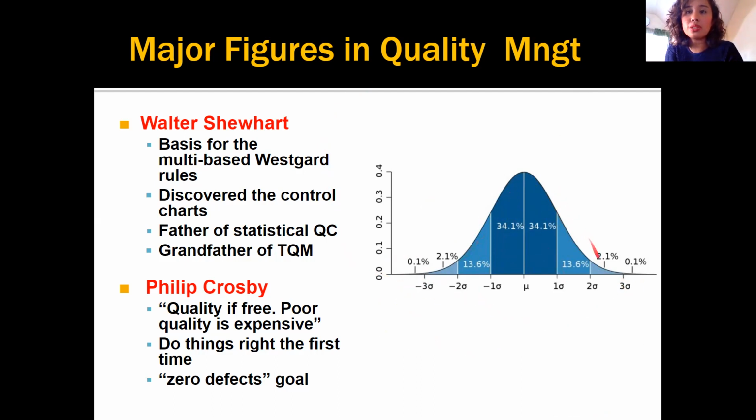It's expected that all the results will fall under the bell curve. Okay, what does this mean? It should be 34.1 and 34.1, when you add them, 68.2. 68.2 of your results must be around the mean. Okay, it should be dispersed around the mean.